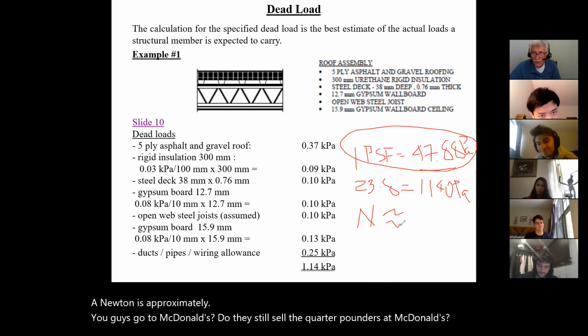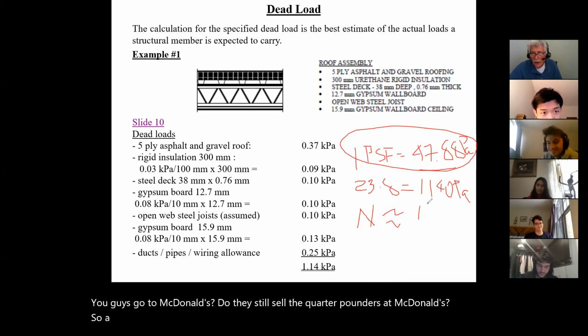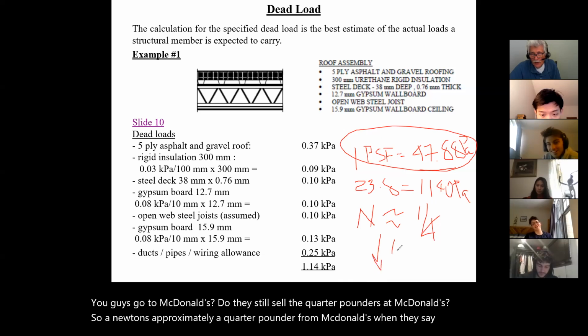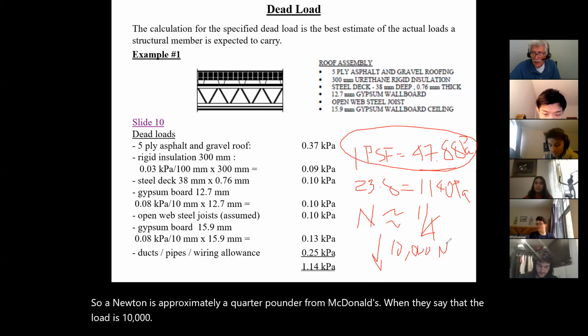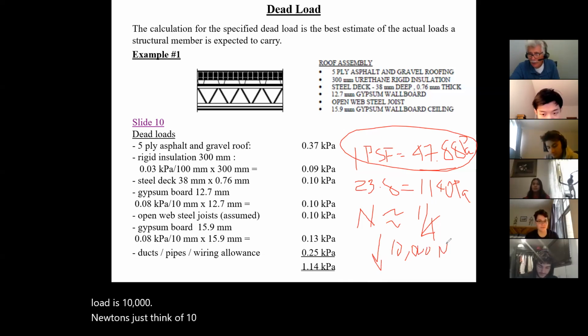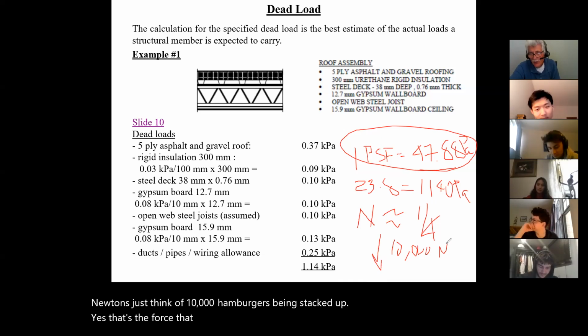So a Newton is approximately a quarter pounder from McDonald's. So when they say that the load is 10,000 Newtons, just think of 10,000 hamburgers being stacked up. That's the force that's caused by it.